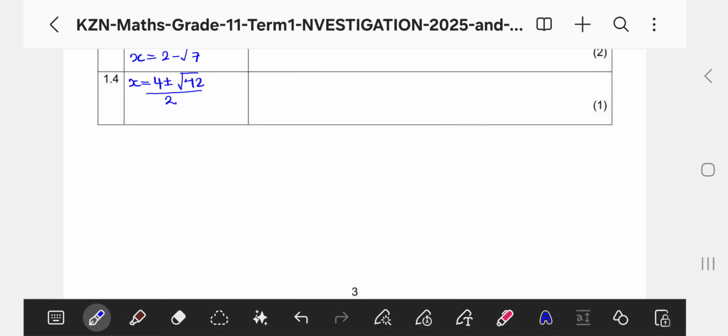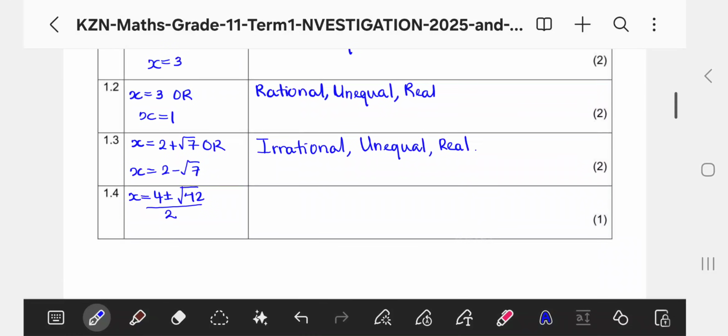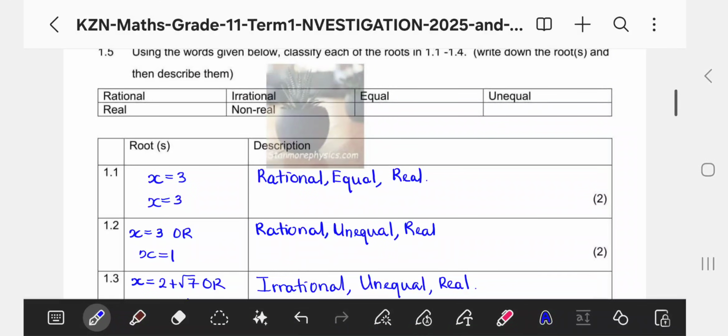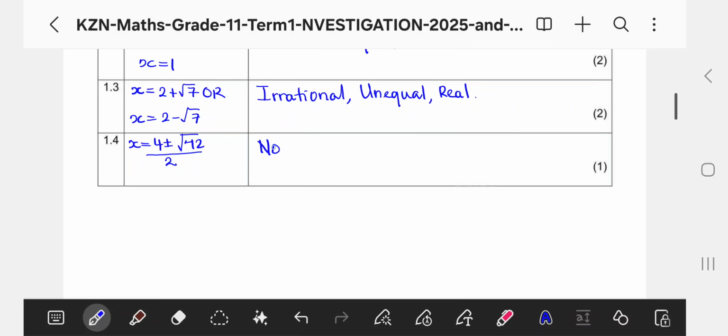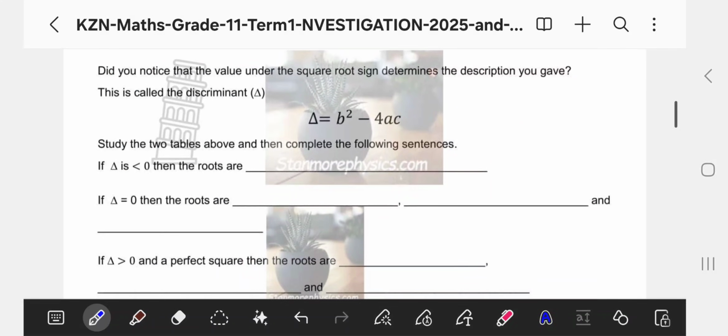Or you can even write down not applicable, but I'm just going to put the last step that we had. And here, since there are no roots, they are neither rational nor irrational. They are neither equal nor unequal. And they are definitely non-real because they do not exist. Okay, we are ready to go on to the next part.